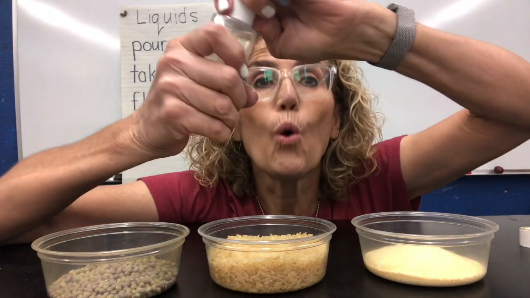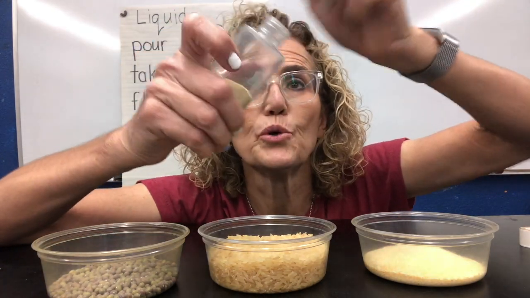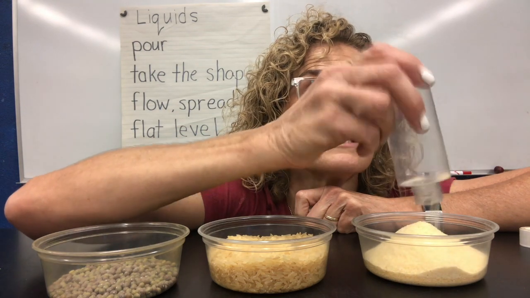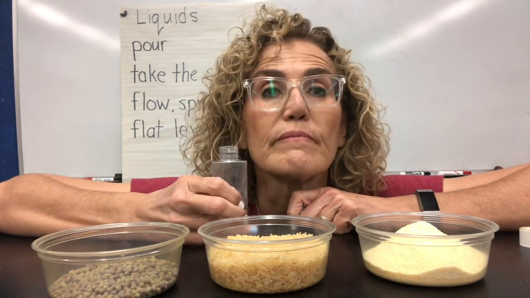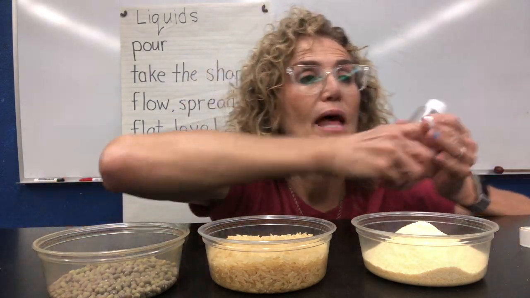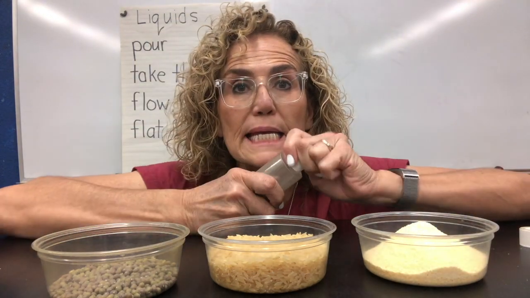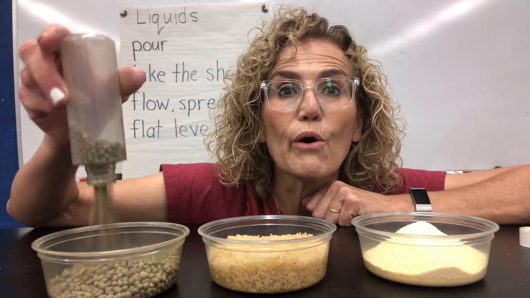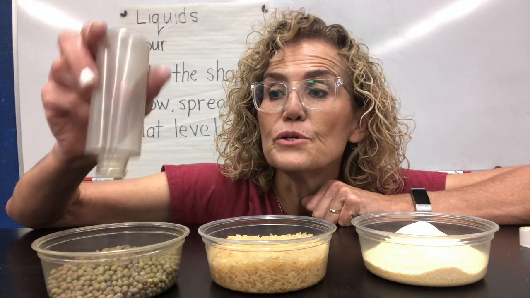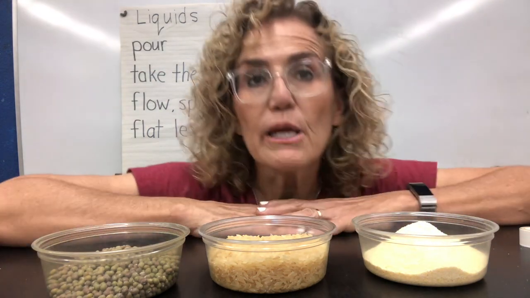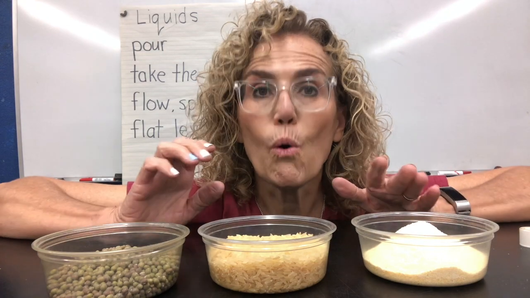I have some cornmeal, and I'm going to pour it into this bowl. I poured it, right? I have some mung beans, and I'm going to pour it into the bowl. So I have these three materials, and they all pour.